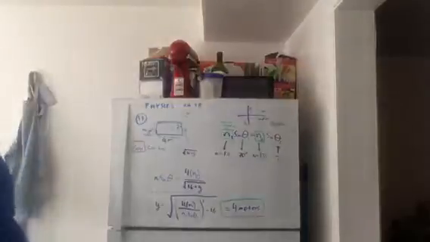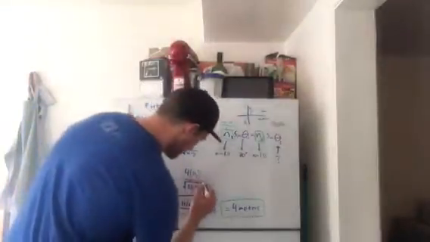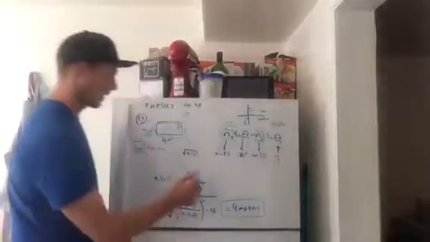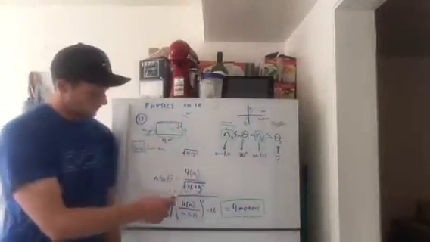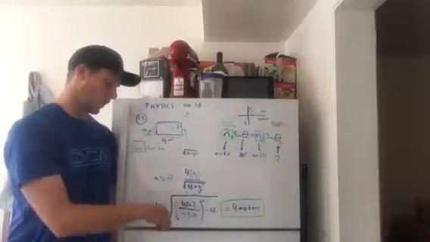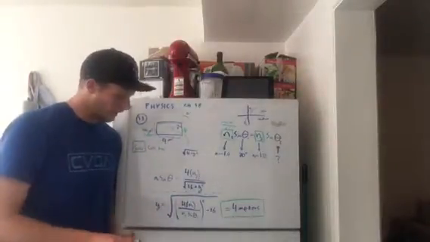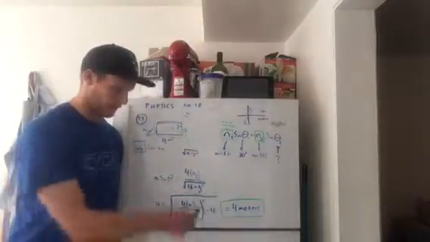Silly me. Okay, so then we subtract the 16, and then we take the square root, and we get y equals this. Once you run all of that, you end up getting that it's 4 meters tall.